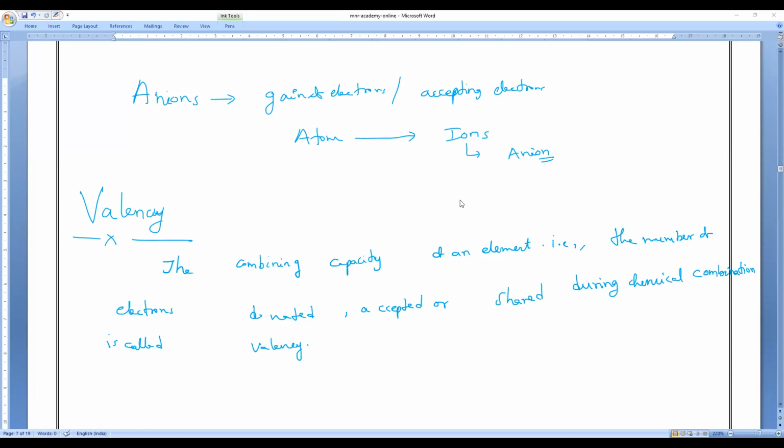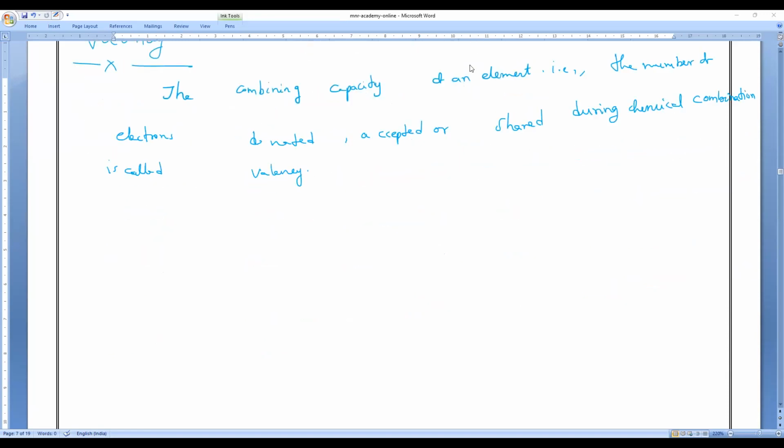Clear? So now, I told you some gases are inert gases, or unreactive gases. Anybody can tell what the gases are? Helium, neon, argon, krypton, xenon, and radon. These are the gases which are stable in nature, and we call them noble gases.